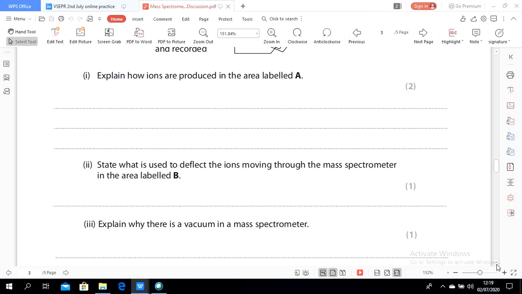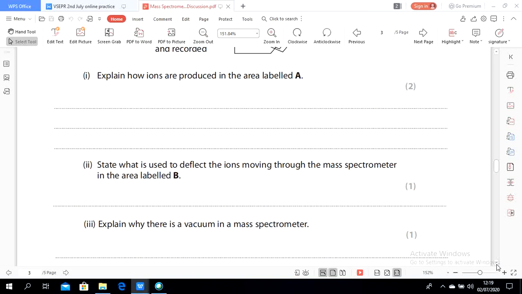Explain why there is a vacuum in the mass spectrometer. The vacuum is used for this: particles in the air will interfere with or disturb the movement of the ions.